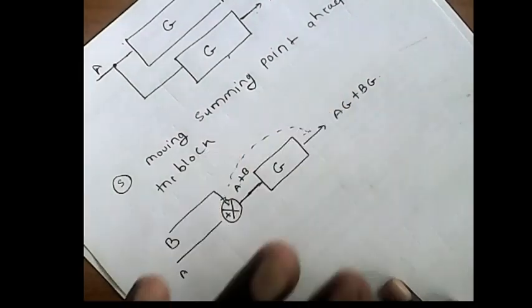The output is the same as it is, so we just add one G block here.